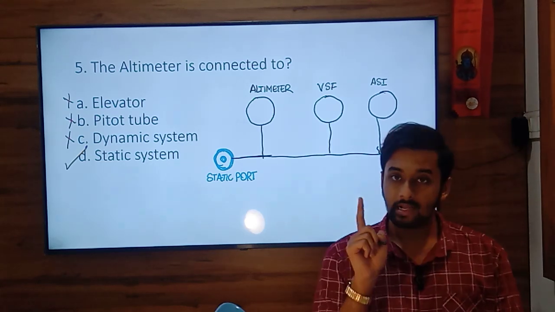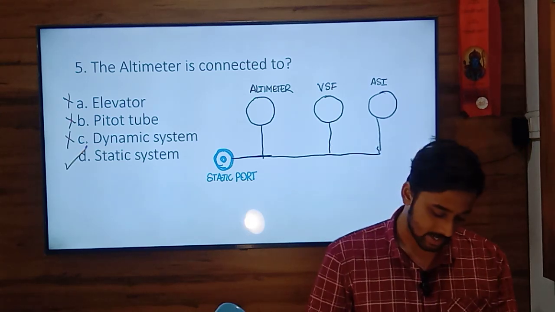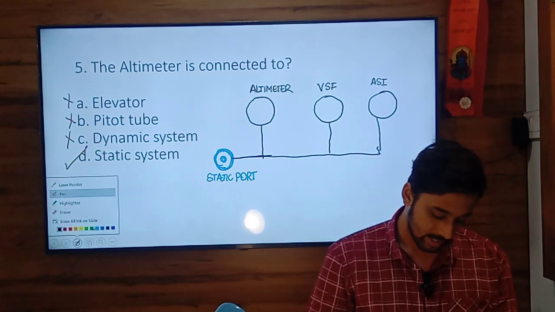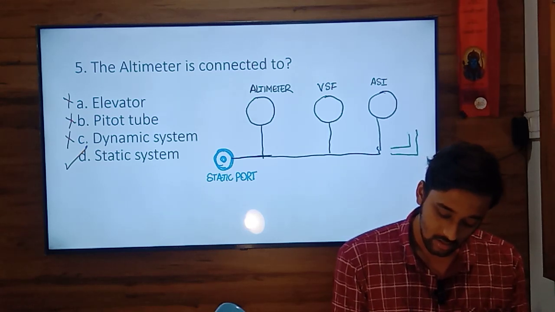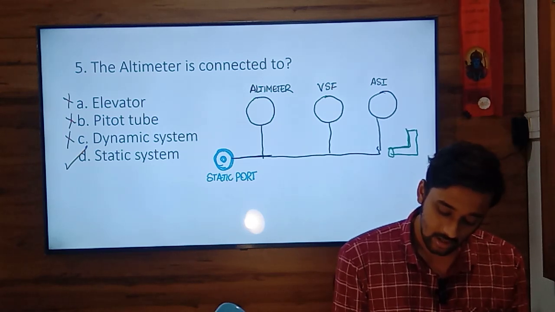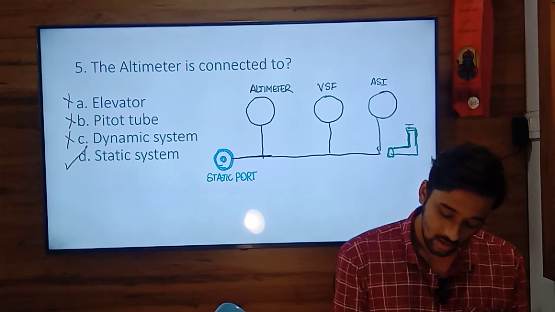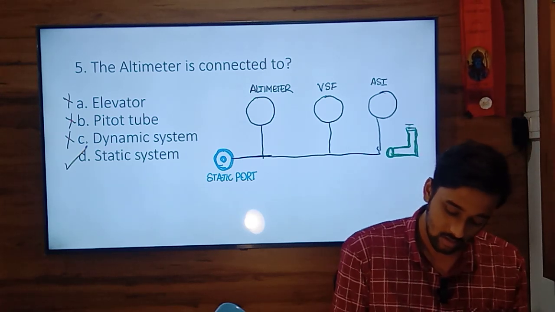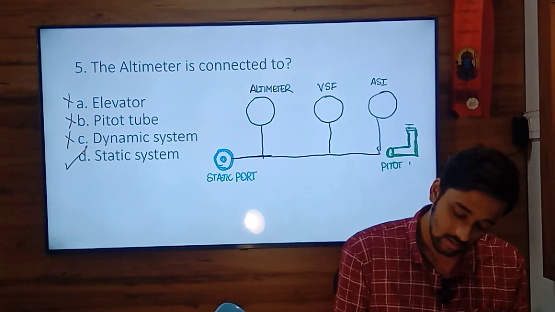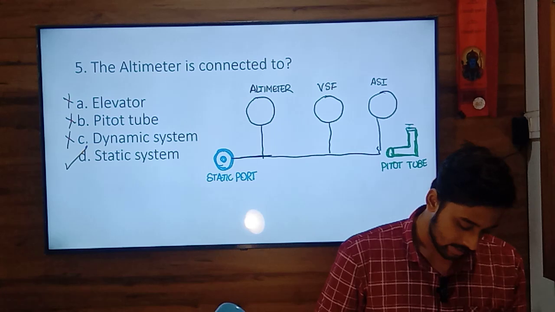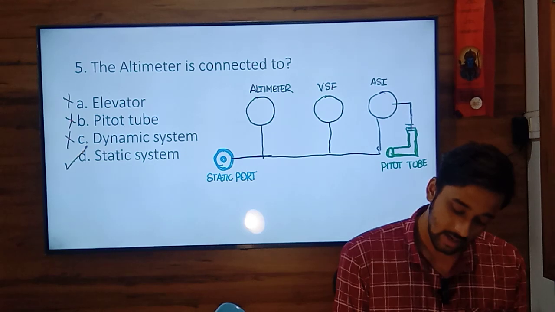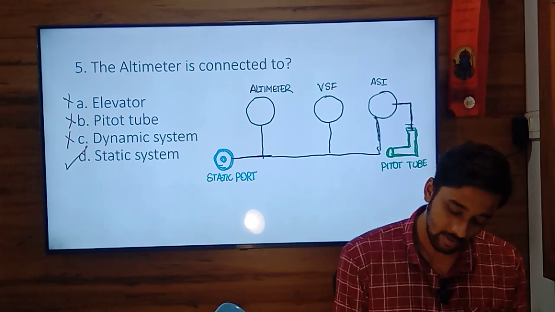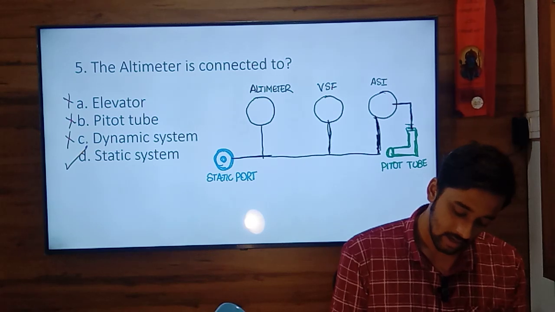And then the airspeed indicator is the only instrument which is connected to a pitot tube. Therefore the pitot pressure will only be delivered to the airspeed indicator.